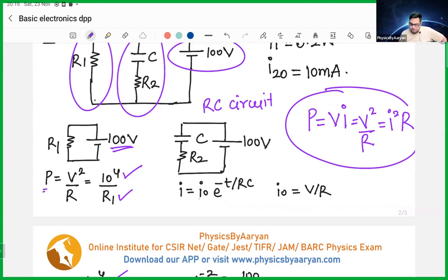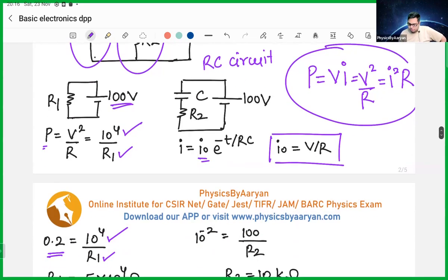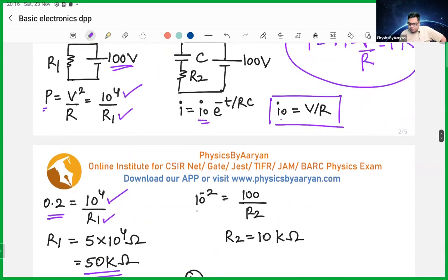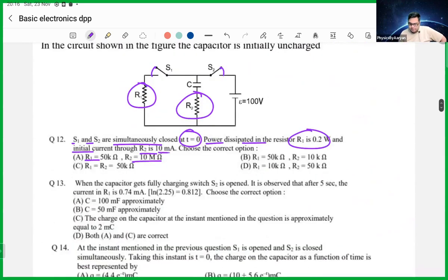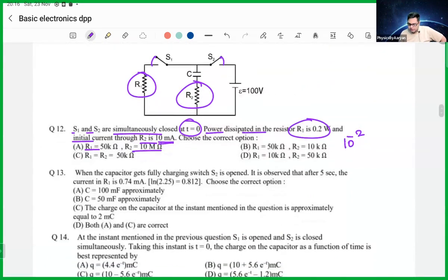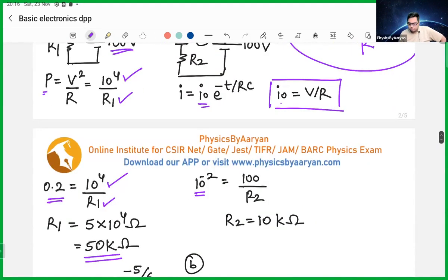What is the value of I naught? I naught is V naught by R, right? Voltage by R. You know this. The initial current is given to me: 10 milliampere, which means 10 to the power minus 2. So current is 10 to the power minus 2, voltage is 100, and R2 I do not know.